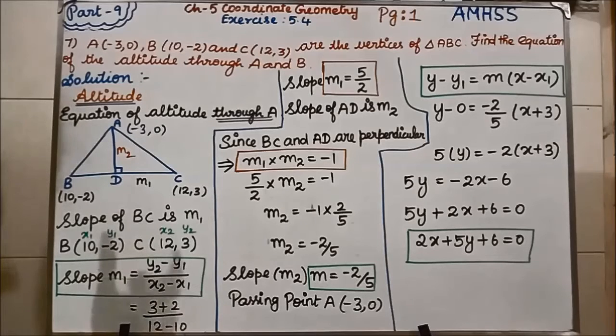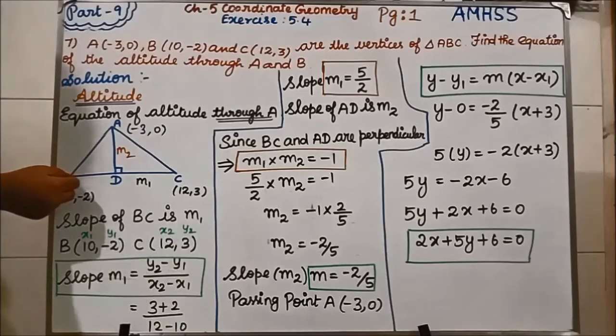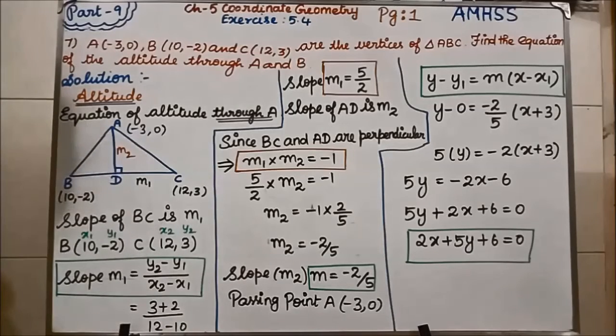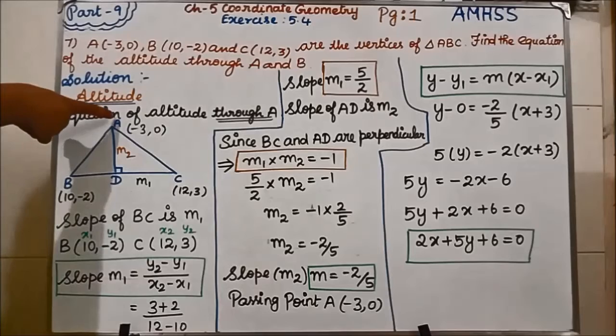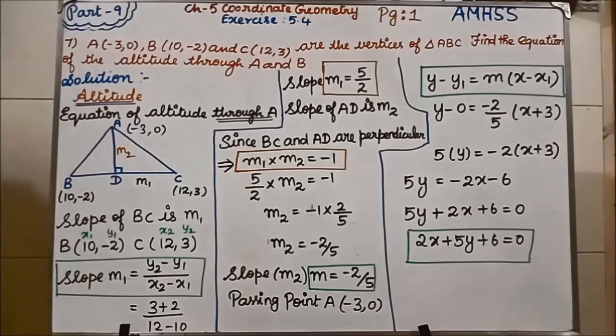In the board exam, they will not ask you both at a time. Either they will ask you altitude through vertex A or altitude through vertex B. So when they ask altitude through A, if you draw the altitude through vertex B, you will get the wrong answer. Clear? If the question is altitude through A, then through A only you have to draw the altitude.